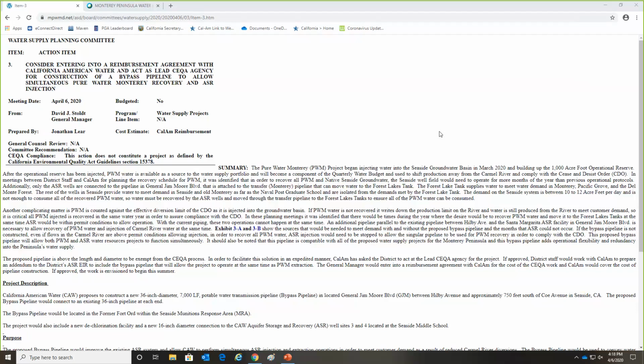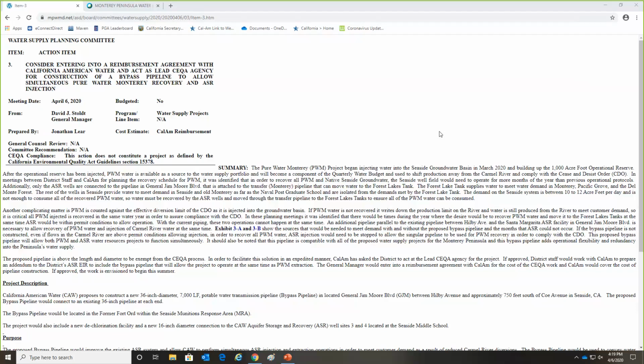There is a little over a mile of pipeline that you would be wanting to move water in two directions. And so you would have to make a decision over the priority of, are we going to move water and inject it for ASR, or are we going to stop injecting ASR and move over to recover water from Pure Water Monterey?